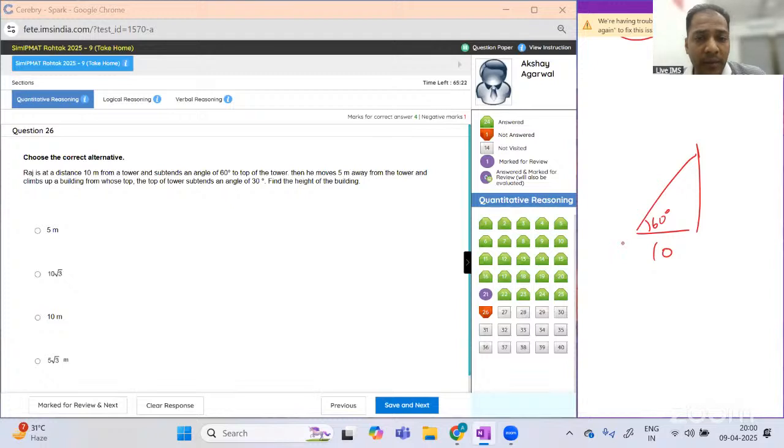He then moves 5 meters away and climbs up a building from whose top the tower subtends an angle of 30 degrees. So basically this distance is 15. Find the height of the building.